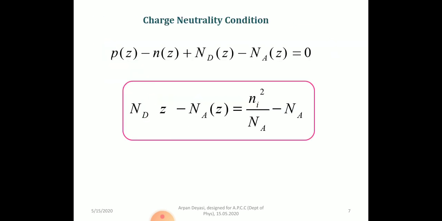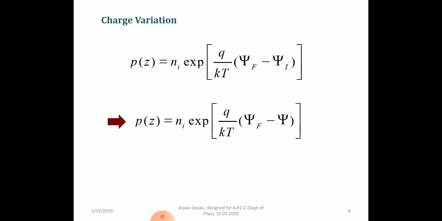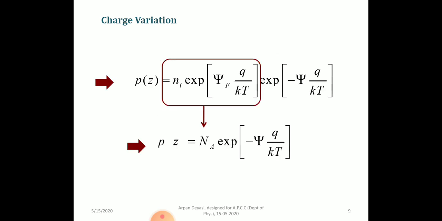And if I substitute this, then I will get the value given in the form of psi_f minus psi, into q by kT, in exponential form, into n_i. Once you get that, you know exponential (a minus b) is exponential a into exponential minus b. So I am making just a simple mathematical logic.